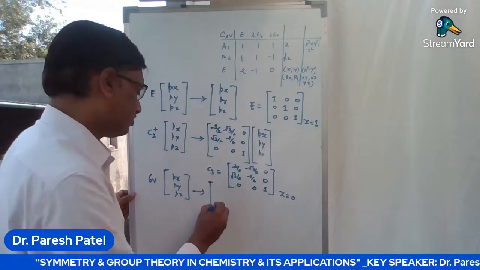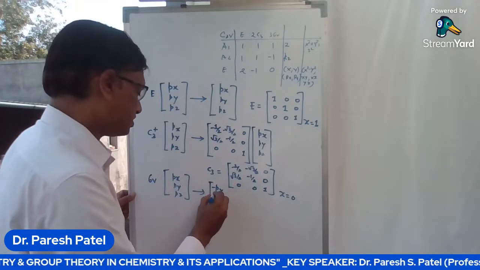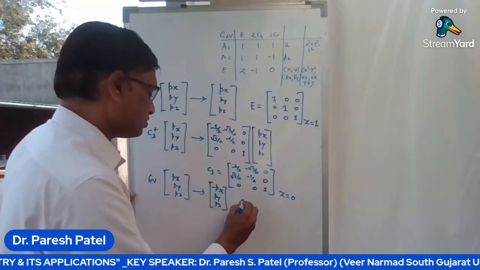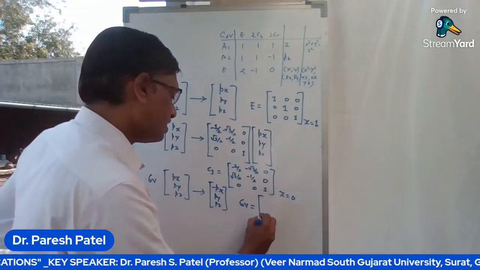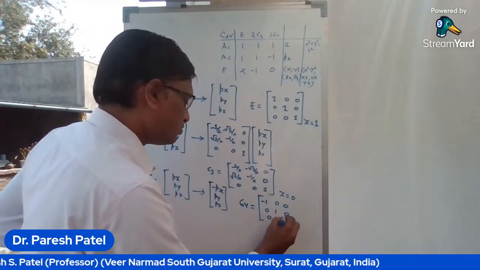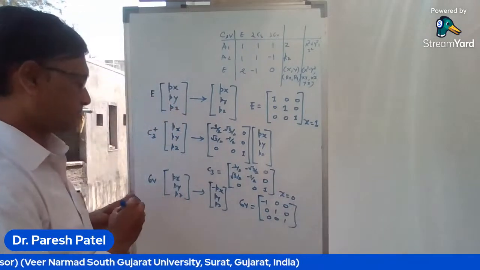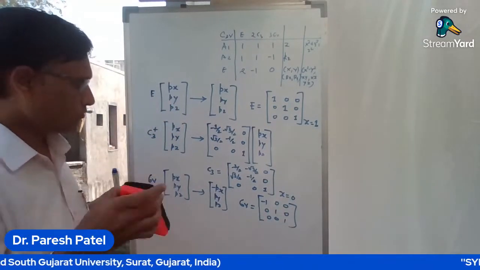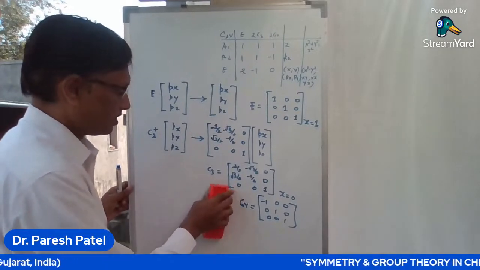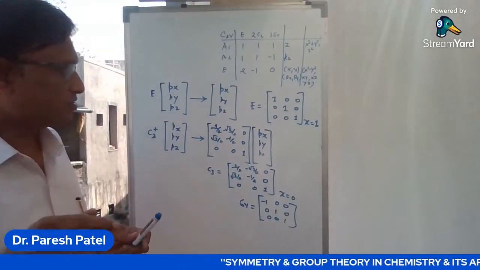So px becomes minus px, py remains as it is, pz remains as it is. So sigma v can be represented as minus 1 0 0, 0 1 0, 0 0 1. So character is equal to 1.